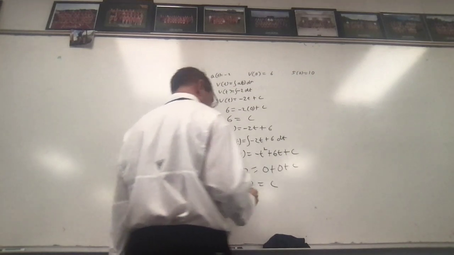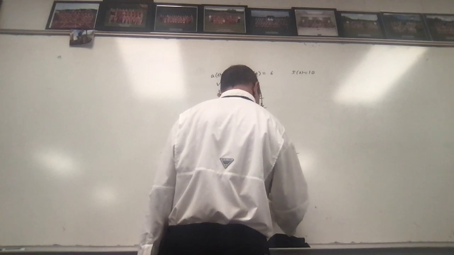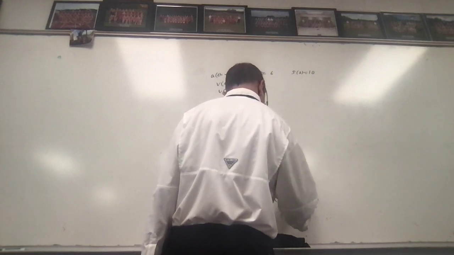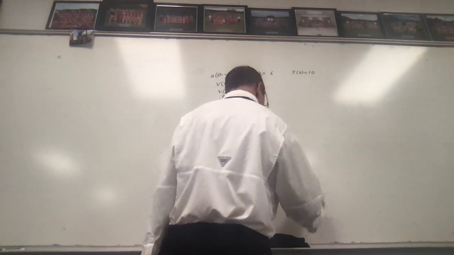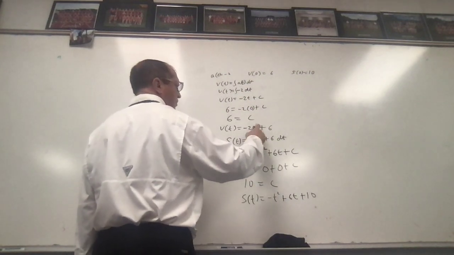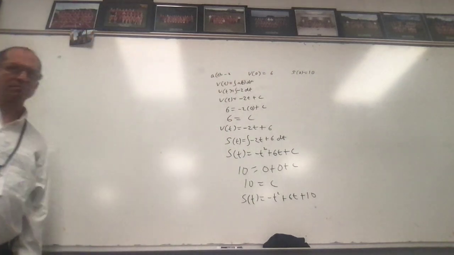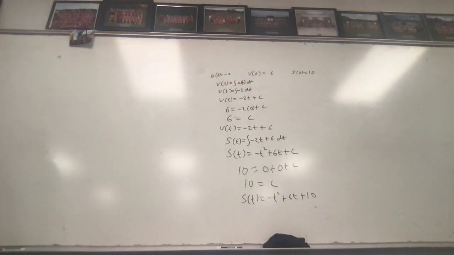So S of t equals -t squared plus 6t plus 10. If we took the derivative of this, we would come up with this, and if we took the derivative of this, we would come up with this. Are we okay with that?